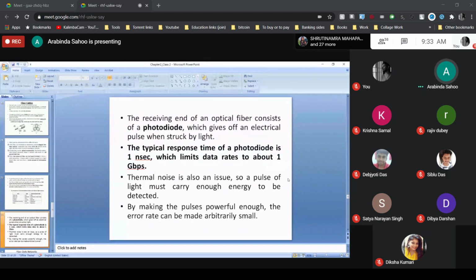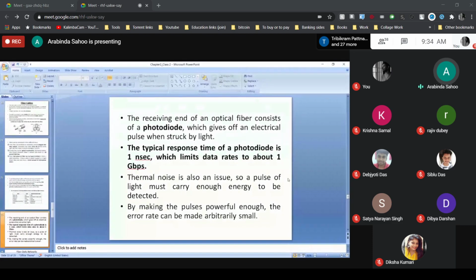In fiber optic communication, the information is carried in the form of light pulses. At the receiving end, you have to convert this light pulse back into an electrical signal, or electrical pulse. A photodiode is normally used for this.